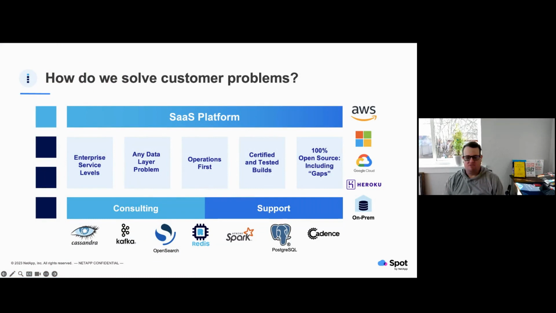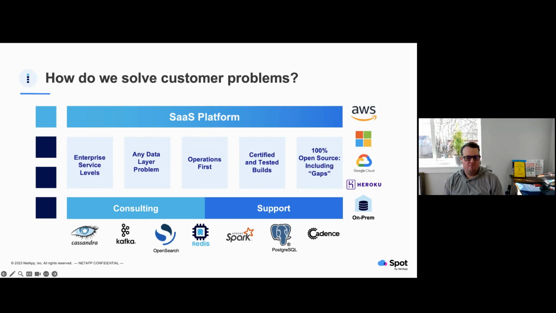It's called InstaCluster. Again, cloud agnostic, but we are able to come in and not only do consulting and support, but also manage your Cassandra, Kafka, OpenSearch, Redis, Apache Spark, Postgres, and Cadence infrastructure, giving you the comfort that you can have experts behind the scenes helping manage your open source database platforms with enterprise service level agreements.